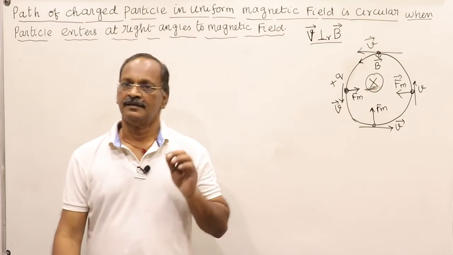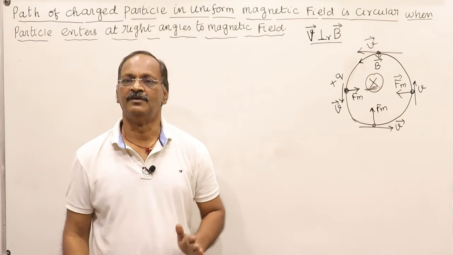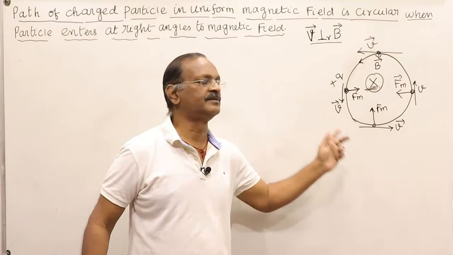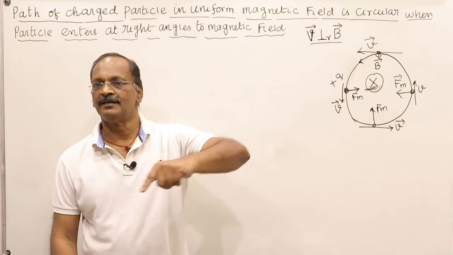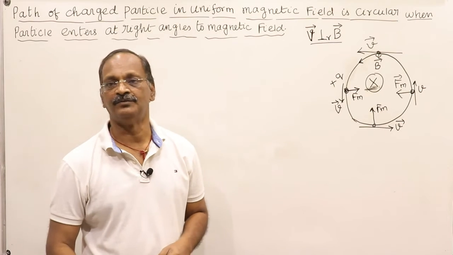So it means a charged particle moving at right angles to the magnetic field moves in a circular path. For a particle to move in a circular path, there must be a centripetal force.